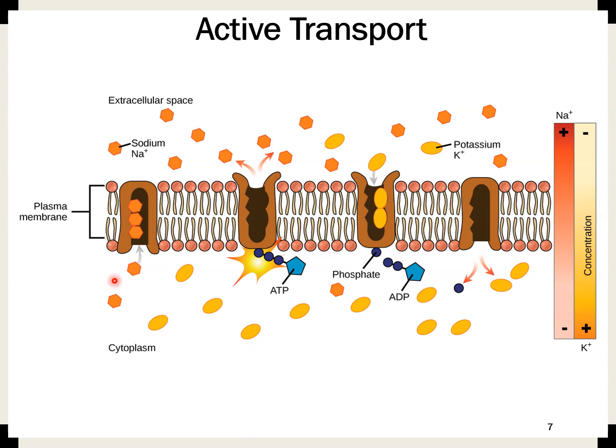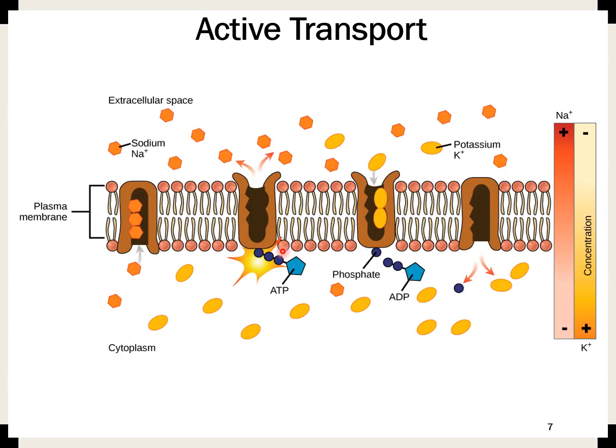You can see here that when this pump is oriented towards the inside of the cell, this is the cytoplasm and this is the extracellular space. So this is inside the cell and this is outside the cell. The pump is oriented towards the inside of the cell, and 3 sodium ions bind to it. Then an ATP molecule is hydrolyzed and a small phosphate molecule gets attached to this pump.